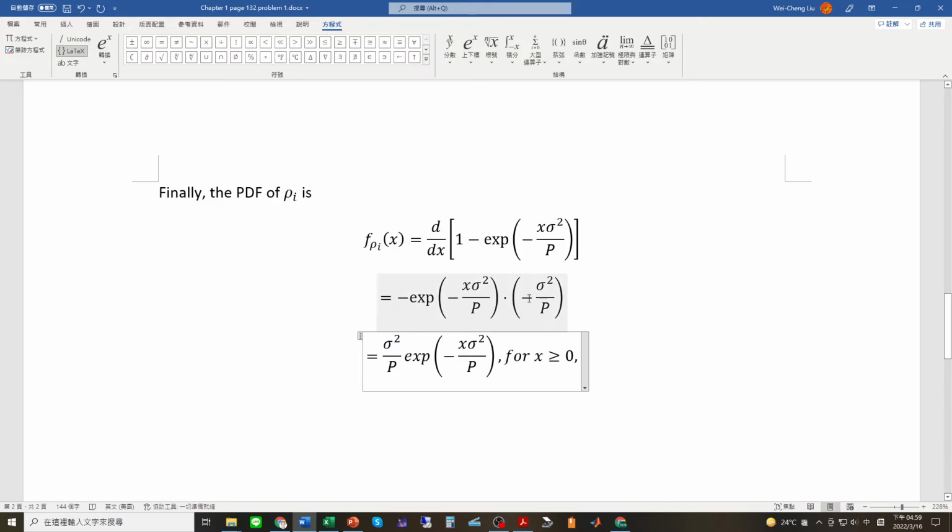Okay, so we can cancel this minus sign and this minus sign, and move this term in front of the exponential function. So this equation is equal to sigma squared over p times exponential of minus x sigma squared over p for x being greater than or equal to 0.